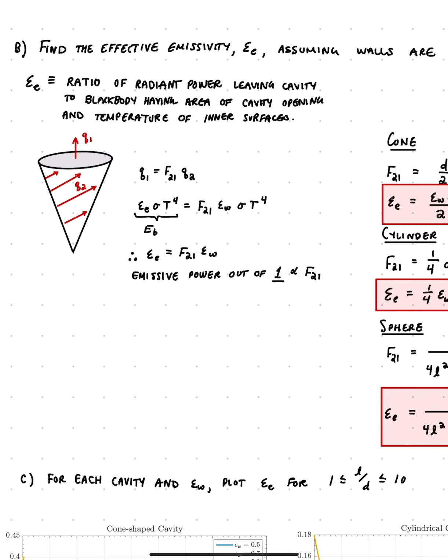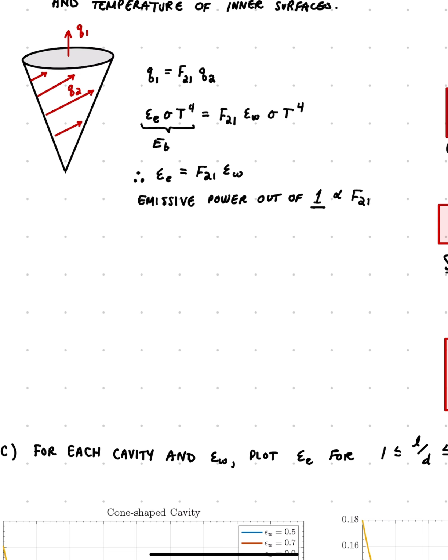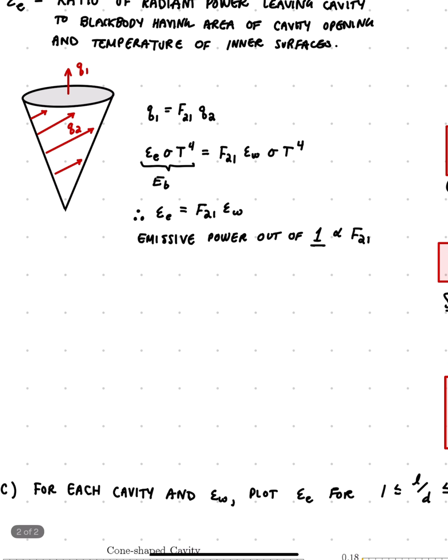So 13.33 describes that the effective emissivity is the ratio of radiant power leaving the cavity to a black body which has the same area as the cavity opening and the temperature of the inner surfaces. And so we can kind of draw a schematic from this. It's basically saying that we want to find the relationship between Q1 and Q2. And of course, Q1 is equal to our view factor from 2 to 1 times Q2.